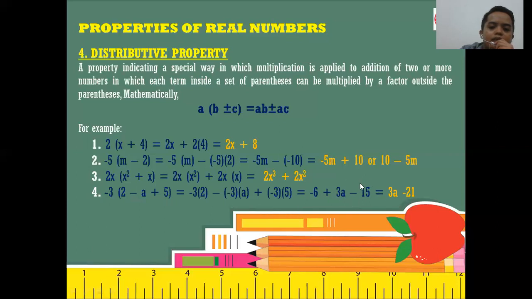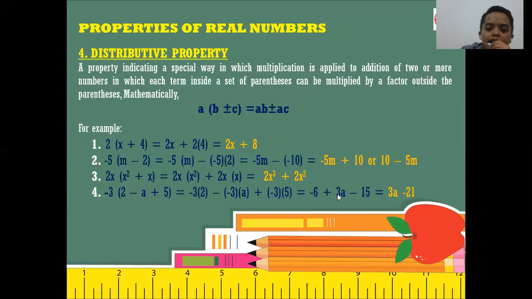Notice negative 6 is a constant, and negative 15 is a constant, so you can combine them. You cannot combine a constant with the variable 3a. So only the numbers will be added: negative 6 minus 15 is negative 21.